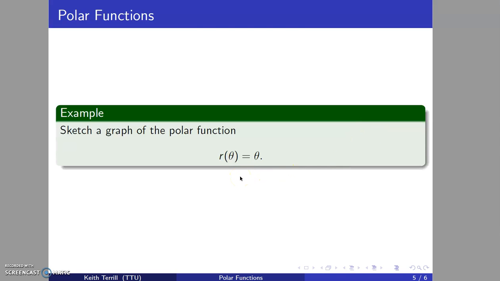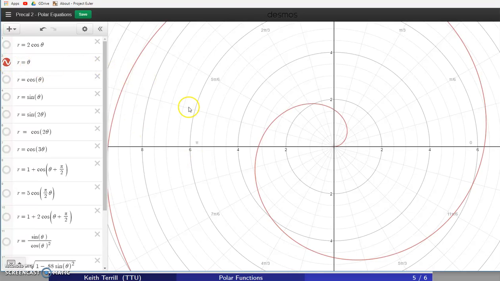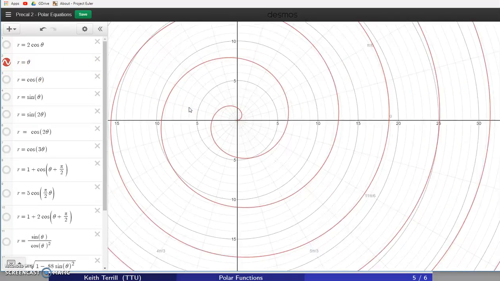What are the values here? Well, 0, 0, pi, pi, pi over 4, pi over 4, right? Every time I have some r value of any number I want, I'm going to rotate by that same amount. So this is our identity function.